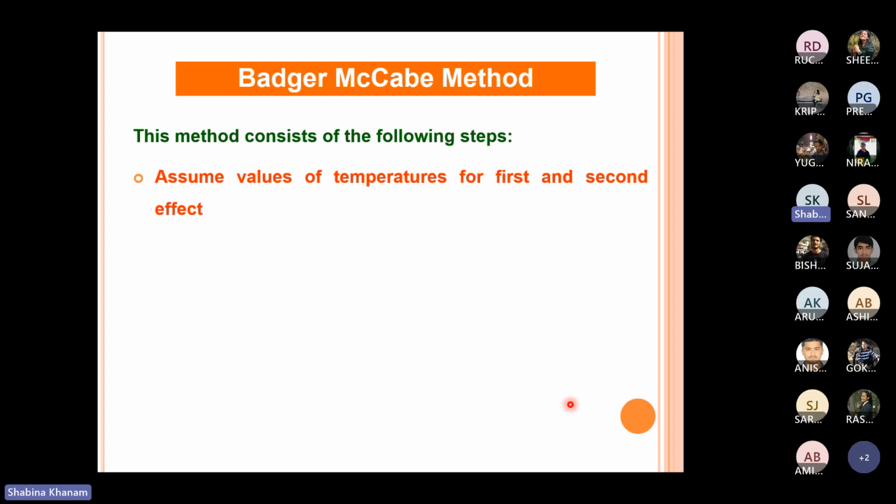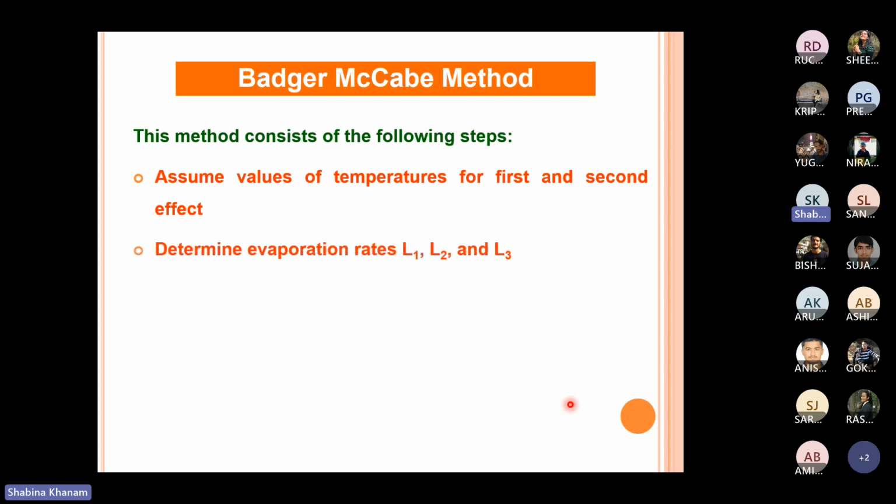So we will take some assumptions to find out some of the values, and then we can reduce the number of variables to find the correct solution by solving the equations simultaneously. For that we need to reduce the number of variables, which we can do by assuming temperature for the first and second effect. How that assumption will be considered, we will see.